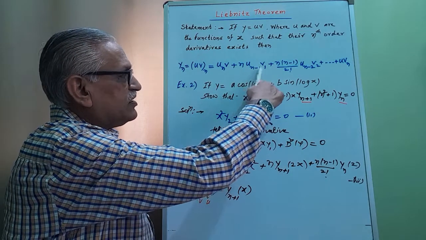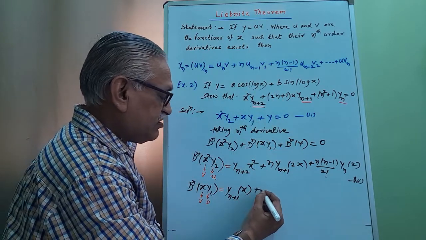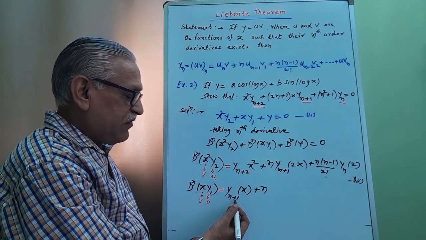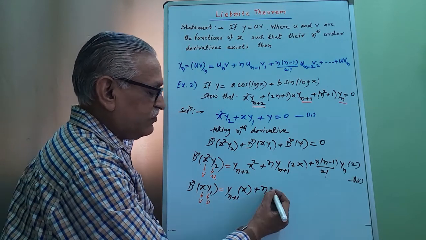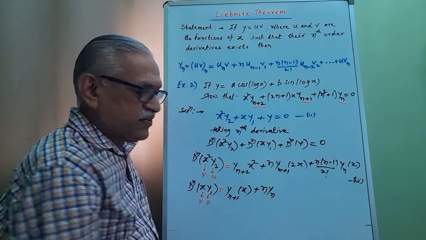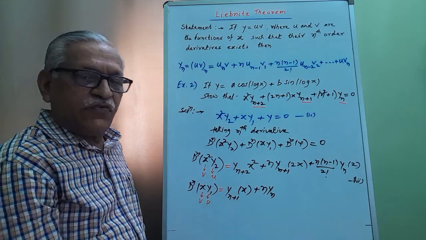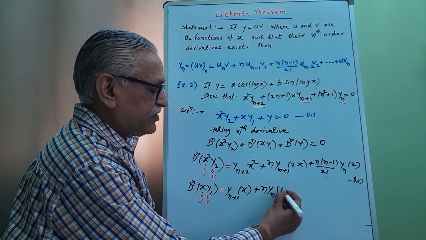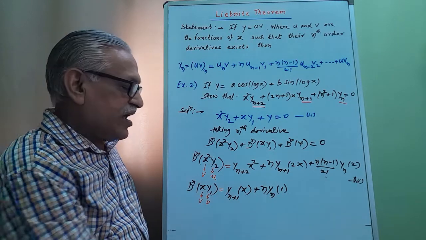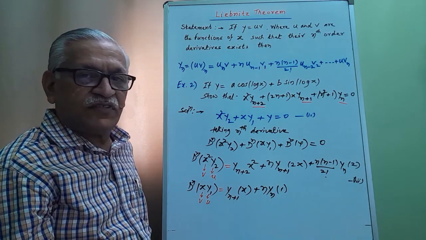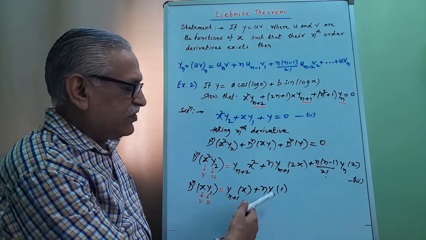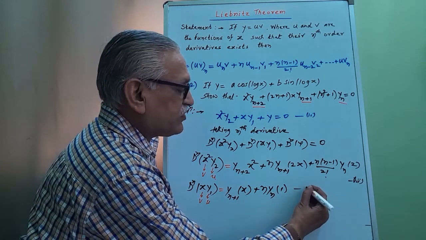The next one is n into un minus 1. Decrease it by 1, and we get yn as the next derivative. And into v1, the derivative of x, which is 1. And as we get a constant, the next derivative becomes 0. We stop here and call this equation number 4.